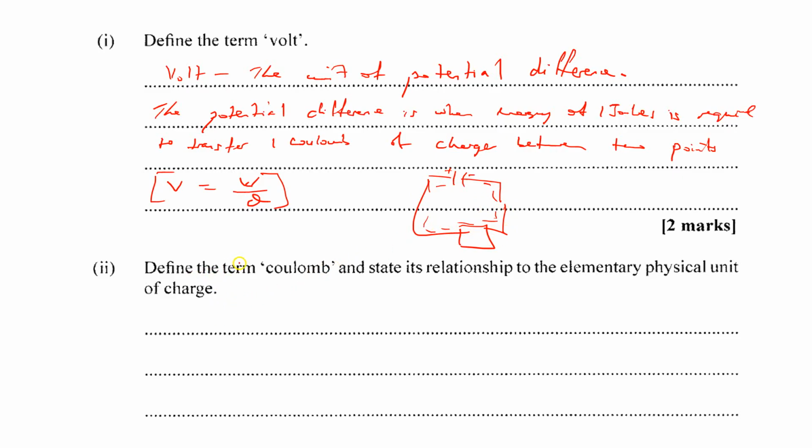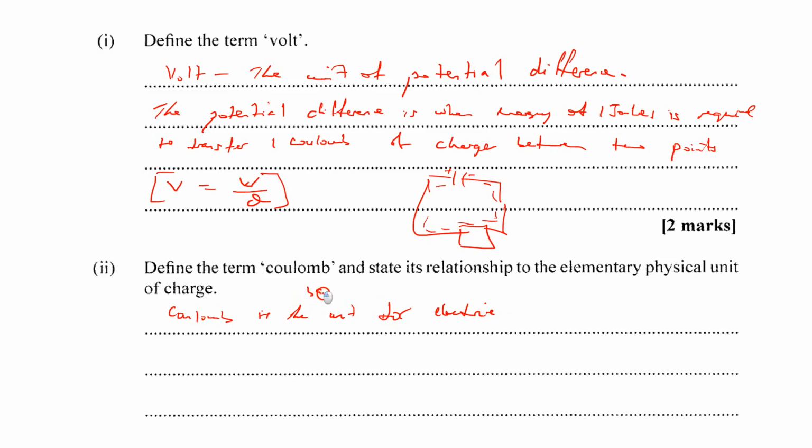Now, with that being said, since we're talking about coulombs and charge and all that, they asked us to define coulomb. As you can imagine, coulomb is the unit, the base unit for electrical charge. So coulomb is the unit for electrical charge.